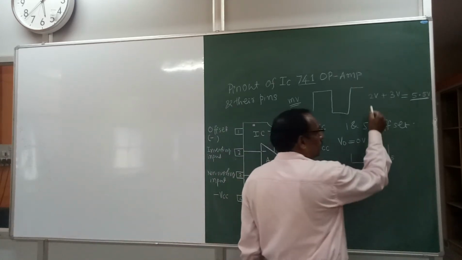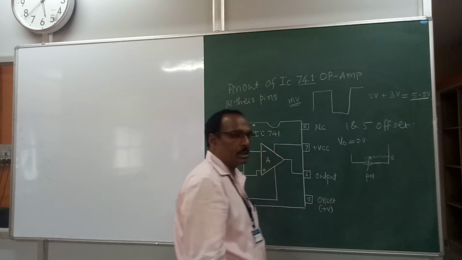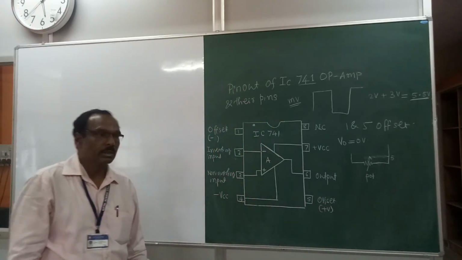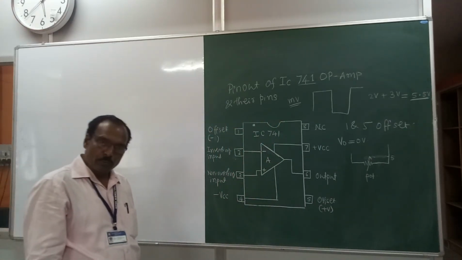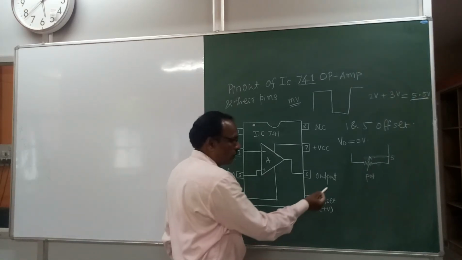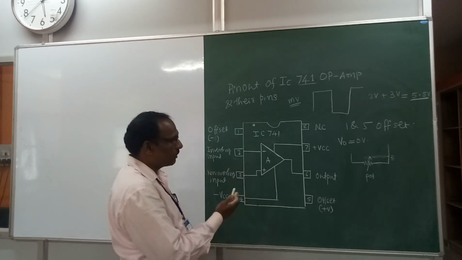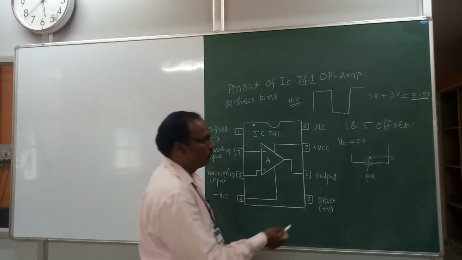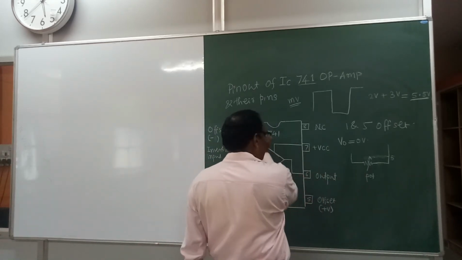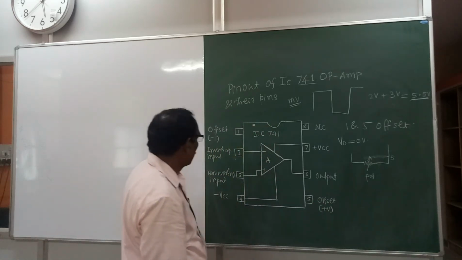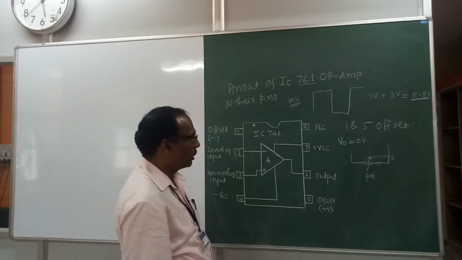For arithmetic operations like addition, subtraction, multiplication, integration and differentiation, we have to go for this offset. For other circuits it makes no difference, but still we have to adjust it. They are called offset, pin number 1 and 5. Hope you got this.